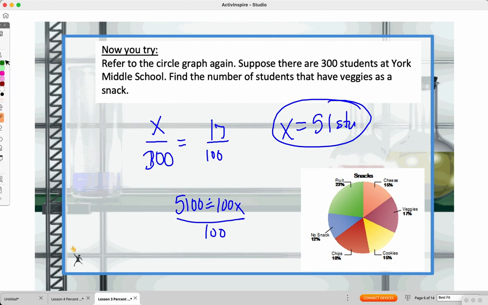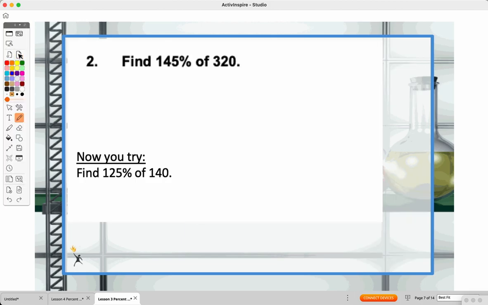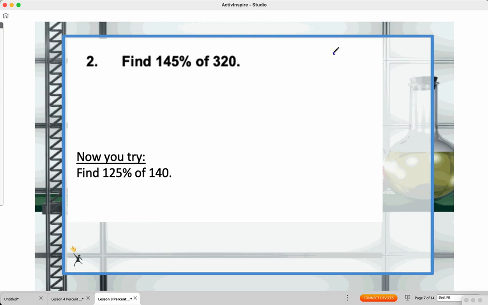Let's take a look at another style of problem. This time the percent is larger than what we started with. This is 145% of 320. It's not going to change how we find our answer. It's still going to be that same part over whole equals percent over 100, even though our percent is greater than 100.